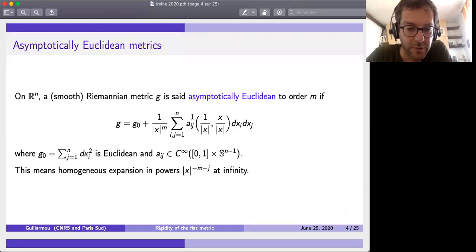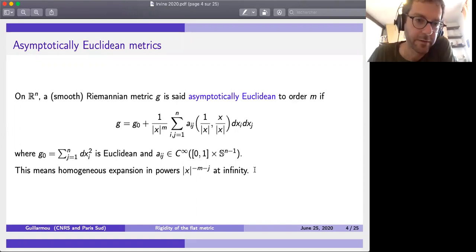So it's a symmetric matrix which decays to order 1 over x to the power m at infinity, when x goes to infinity, and which has an expansion in homogeneous negative powers of the modulus of x at infinity.